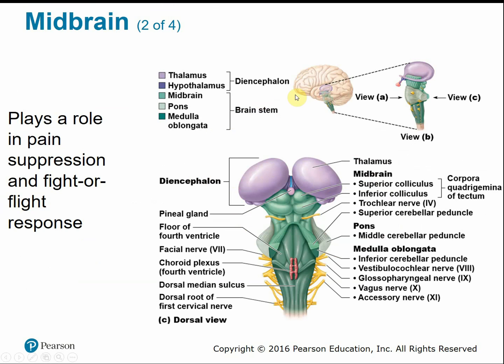The midbrain, shown here in green, plays a role in pain suppression and the fight or flight response. It allows you to try to survive. You can ignore the pain until you're out of danger, that shock response.